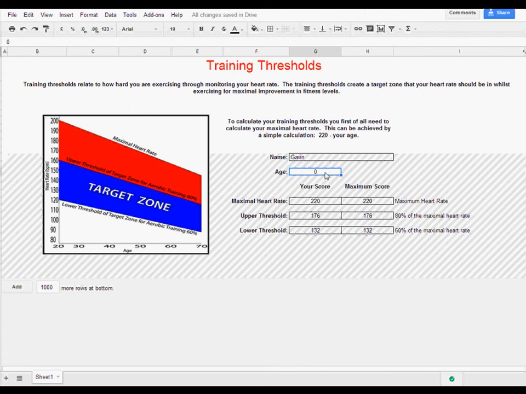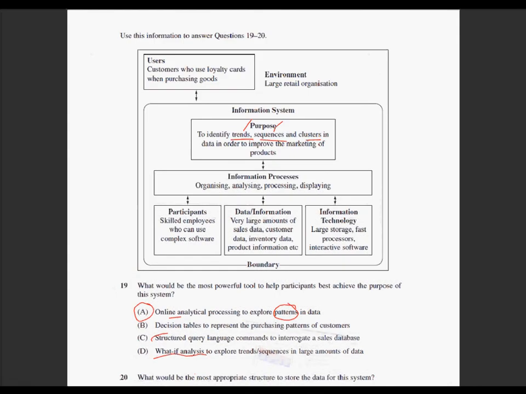So if I put in here an age of 20, then it will change our maximum heart rate from 220 to 200, and it's changed our upper and lower thresholds. And then I could say, well, what if my age was 35, and it will alter them again. And if I say, what if my age was 100, and it will alter them again. So we can see that what if analysis isn't appropriate for this particular question either.